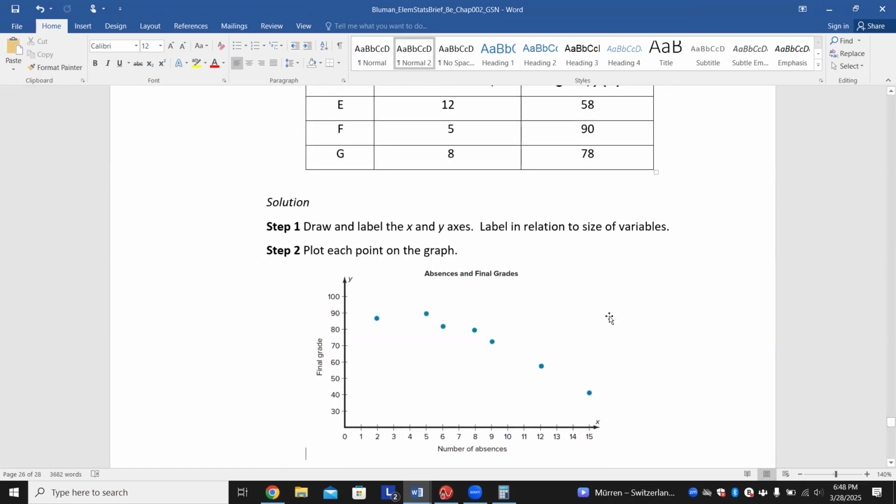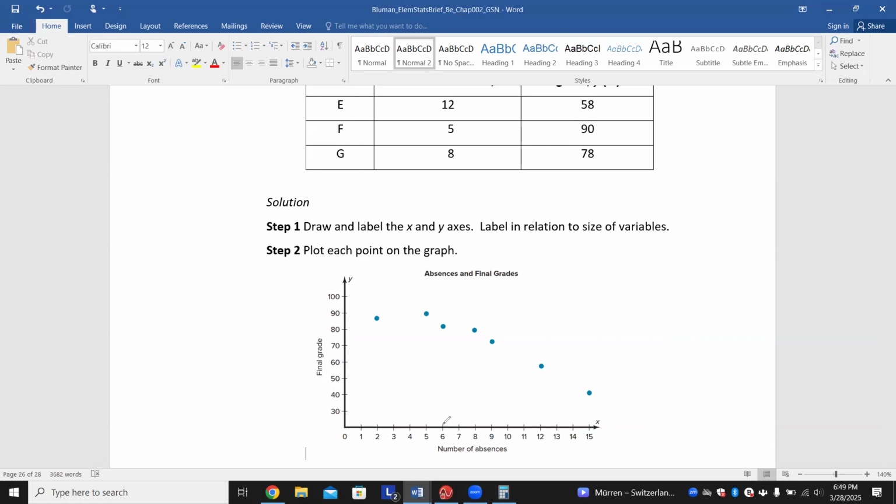So for the solution, we would draw our axes. You can see my x-axis is the number of absences right here, going from 0 to 15, equally spaced. And then from here, I have my y-axis for my final grades. I started with 30, went up by tens, and made sure it was equally spaced as well. And then I just take that data and plot it.